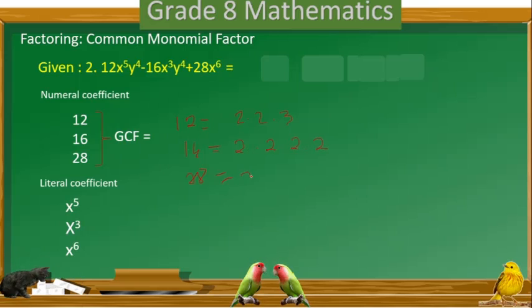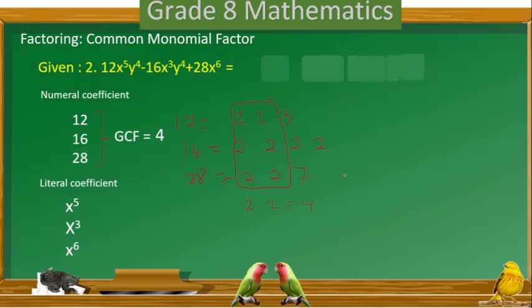For 28, 2 times 2 times 7. As you can see here, there are only two 2's which are common. So we select these, then write 2 times 2 equals 4. That is the greatest common factor of the numerical coefficients of the given polynomial.